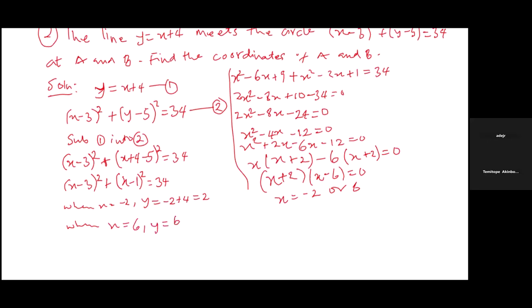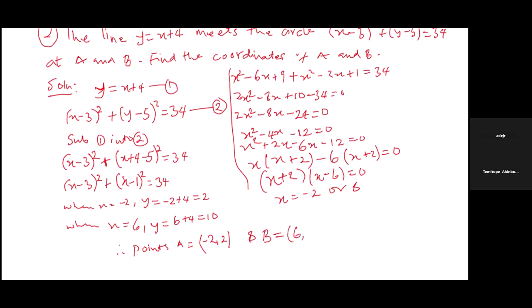Therefore, the points A and B, according to the question: point A will be, when x is minus 2, y is 2. So minus 2, comma 2. And B will be when x is 6, y is 10.